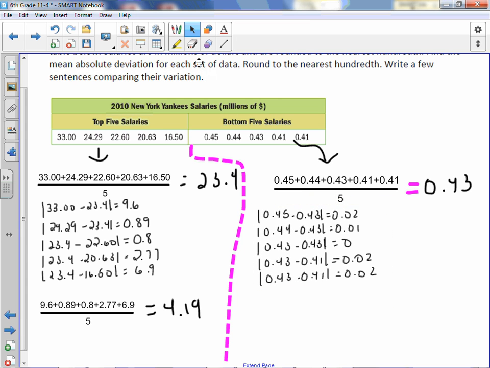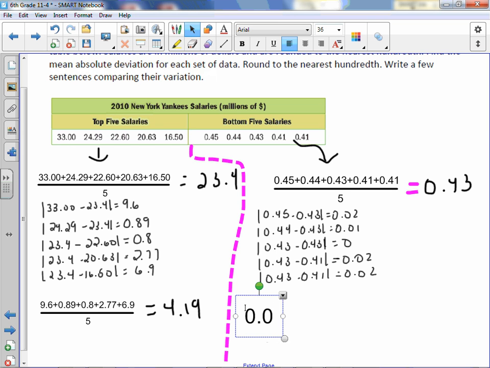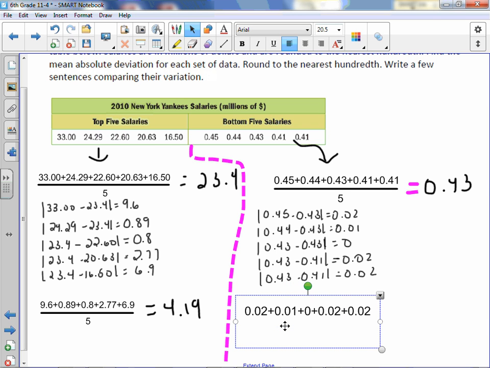Now that we have those data values, let's find the average or mean of those ones. 0.02 plus 0.01 plus 0 plus 0.02 plus 0.02 divided by 5 values.